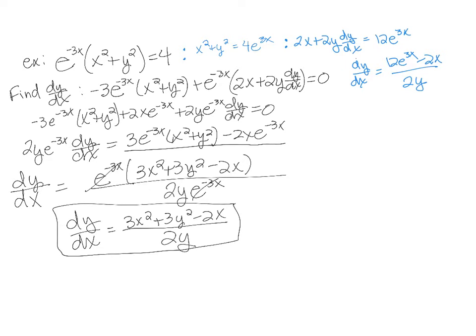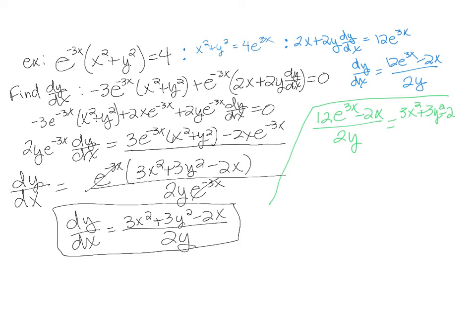Now, we can't have different answers. We should get the same answer working it both ways. So I want to show you something real quick just because it's interesting. And I don't want you to be confused. 12e to the 3x minus 2x over 2y has to equal 3x squared plus 3y squared minus 2x.